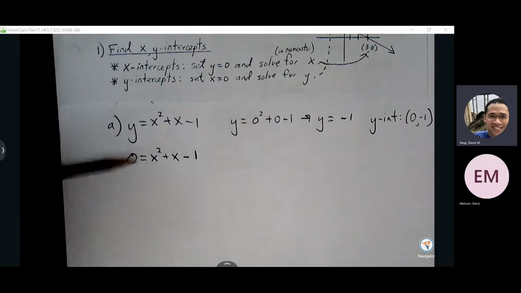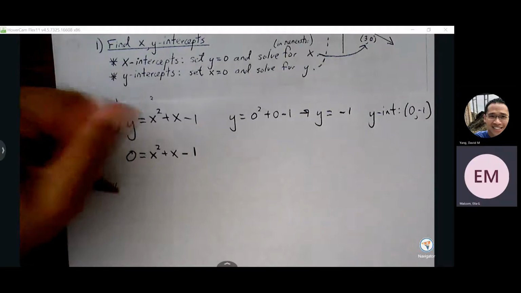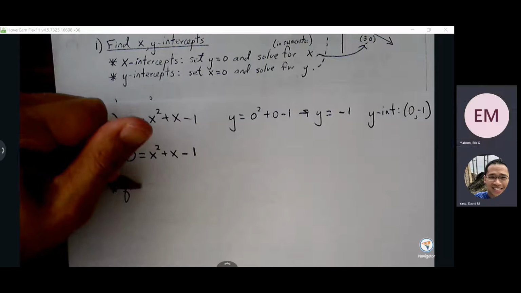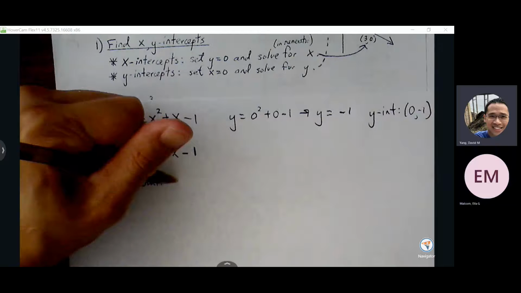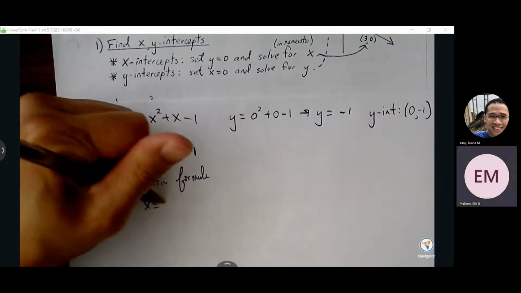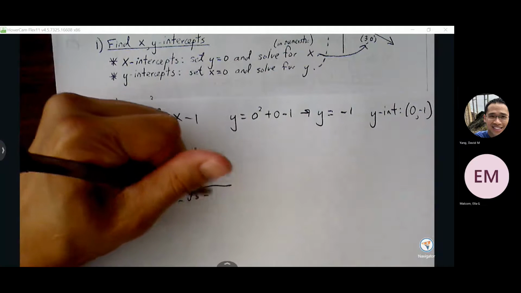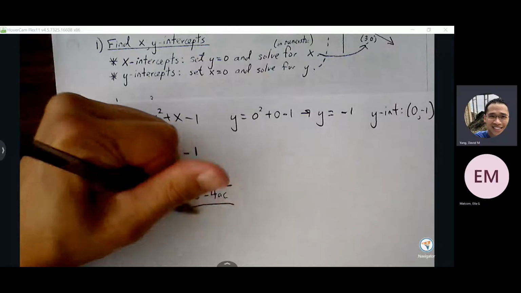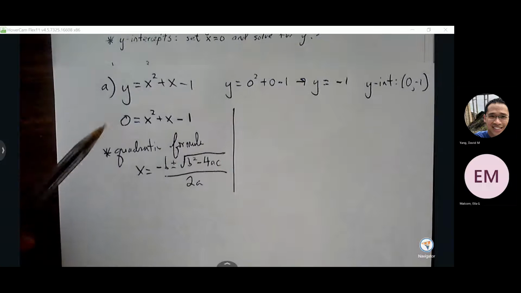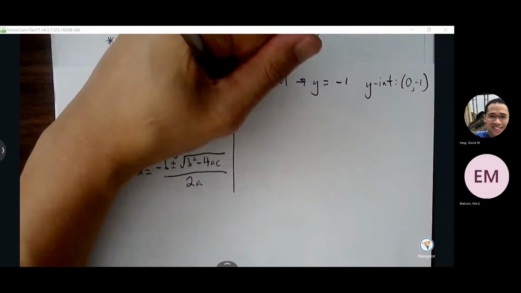Do you know what we can do if we can't factor? The quadratic formula? Yeah, we have to use the quadratic formula. So I'll remind us of that. A is 1, B is 1, and C is -1.